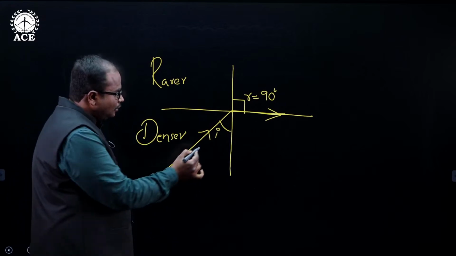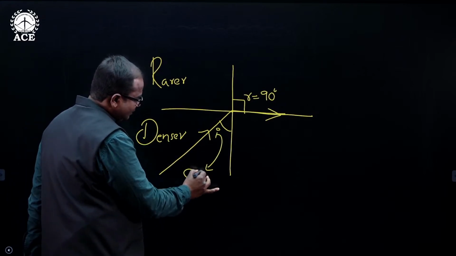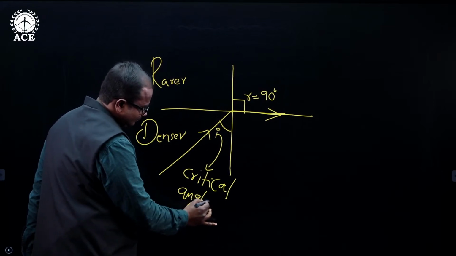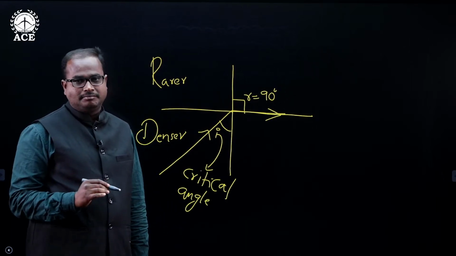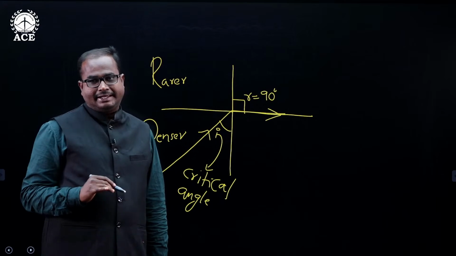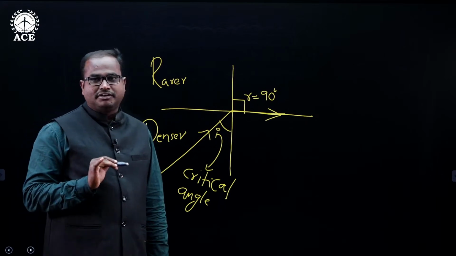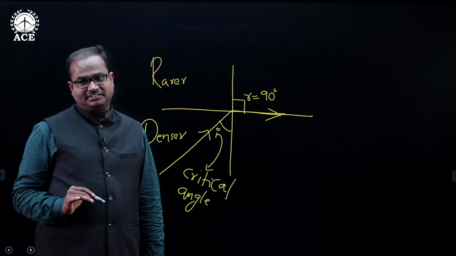Now this angle of incidence is called the critical angle. So how can you define critical angle? Critical angle is defined as the angle of incidence for which the angle of refraction is 90 degrees.